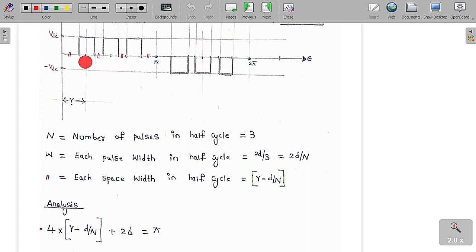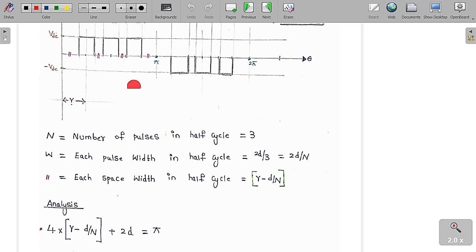So if this total length is gamma, let me assume it is gamma. So gamma minus 2D by N by 2, so you are going to get D by N. So gamma minus D by N is what you are going to get. Therefore this space width is equal to gamma minus D by N. And gamma is from this one to the middle one. So gamma minus D by N is the space width in each half cycle. It is going to have equal length.